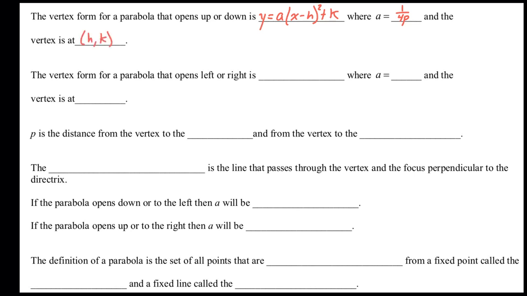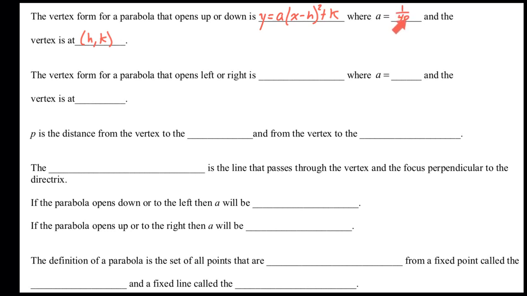We have already talked about the transformations, knowing that h moves your vertex either left or right, k moves your vertex up or down. So those two things affect the location of your vertex. A is going to be your vertical stretch or compression, or it could be a reflection over the x-axis, and this is how you find the value of a.